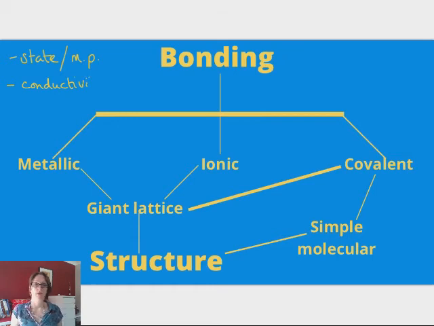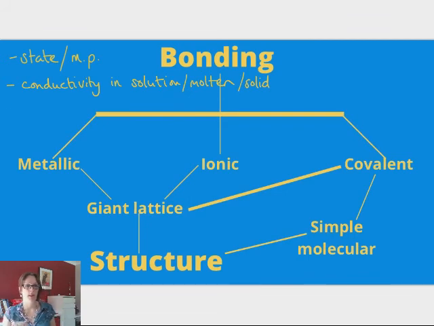If you're really lucky, you will also get some clue about conductivity, such as conductivity in solution is telling us that it's ionic or if it's molten. Conductivity as a solid tells us it's metallic or it's graphite. We'd need more information about that. And you might get information other than state and conductivity if you're trying to compare bonding and structure about solubility.